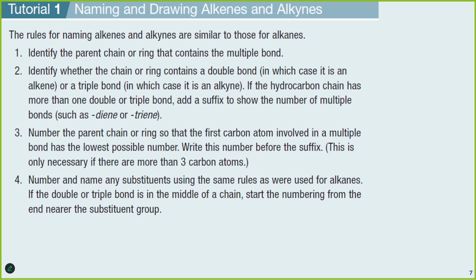And the last step is to number and name any substituents using the same rules as were used for alkanes. If the double or triple bond is in the middle of the chain, start the numbering from the end nearest the substituent group. Are you clear? Well, don't worry, we'll have a look at some examples to illustrate this method, okay?